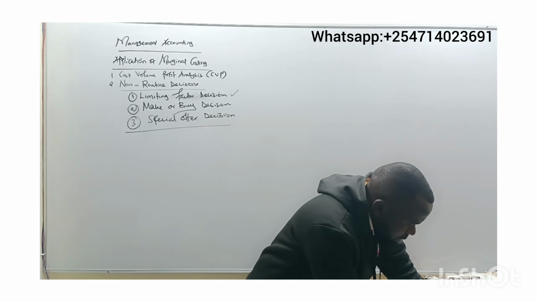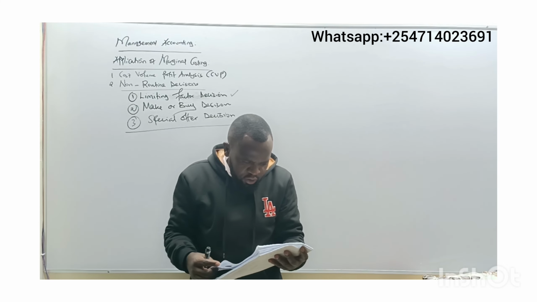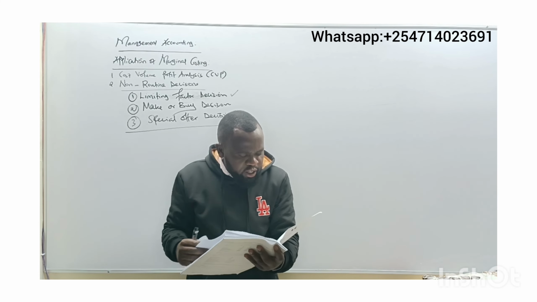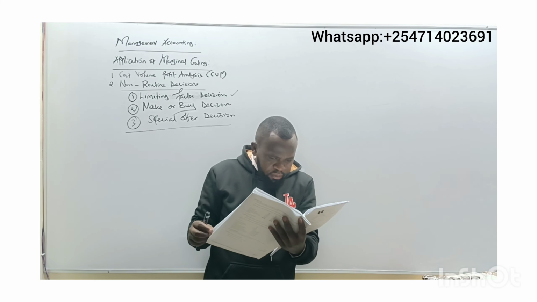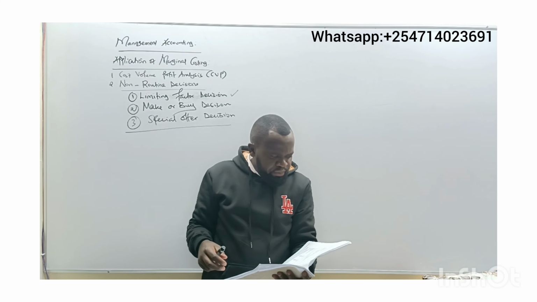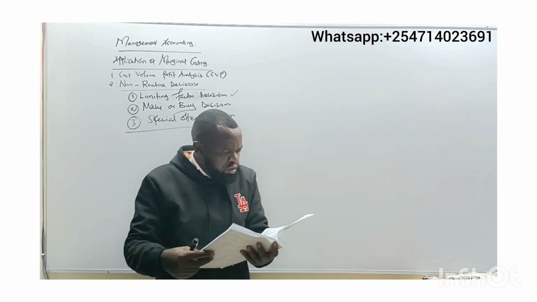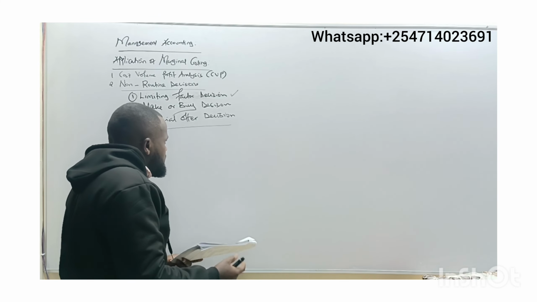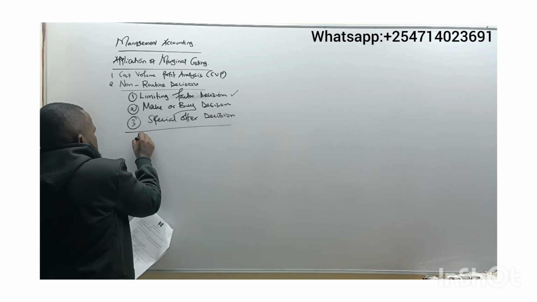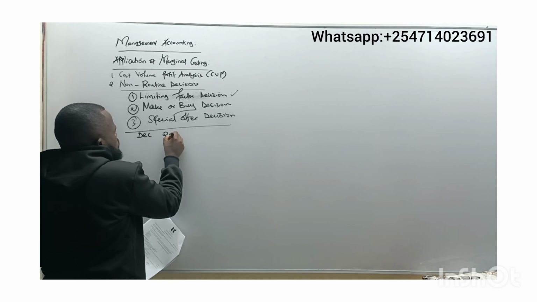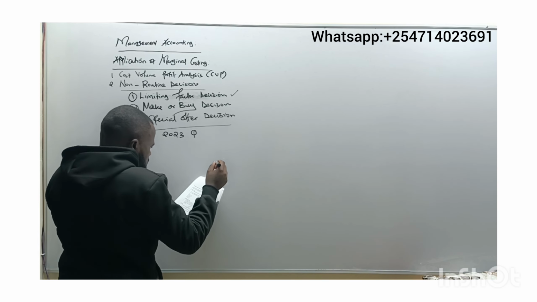Let me have my plastic paper here. I look for a question. This is management accounting, intermediate level. For those who are doing CPA, I want to look for one question here. Great. This is December 2023, question number 1C.